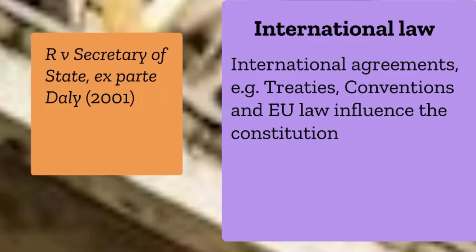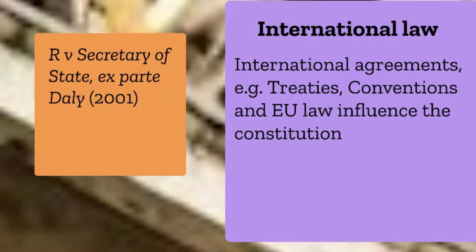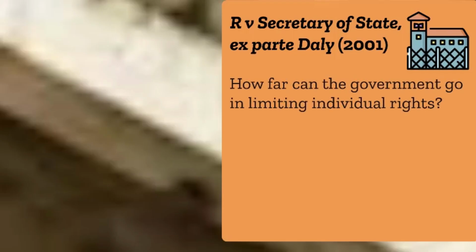And a key case here to demonstrate how international law affects the UK's laws and constitution is R v Secretary of State ex parte Daly. Now, of course, we spoke about this earlier in brief detail. Just going to look at it in a bit more detail here. And this ultimately explored the question of how far a government can go in limiting individual rights of its citizens.